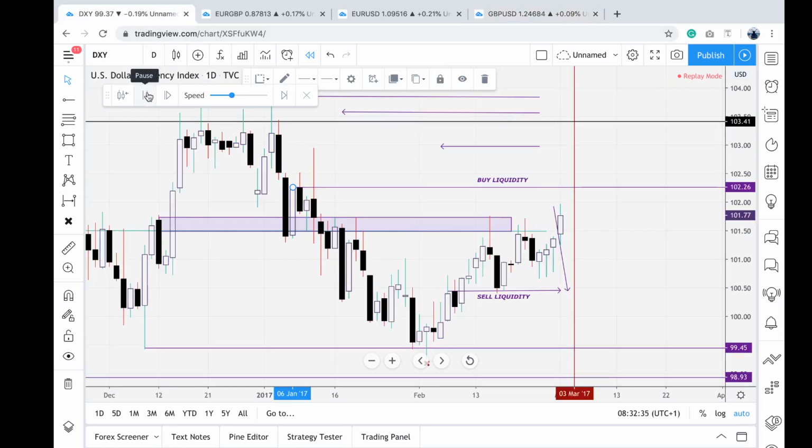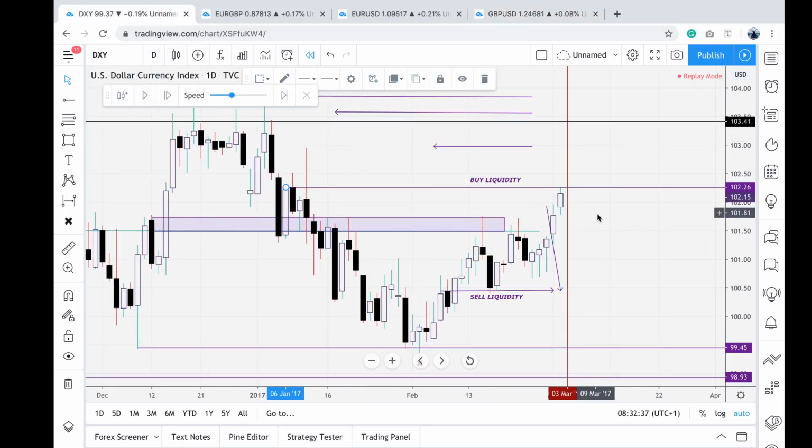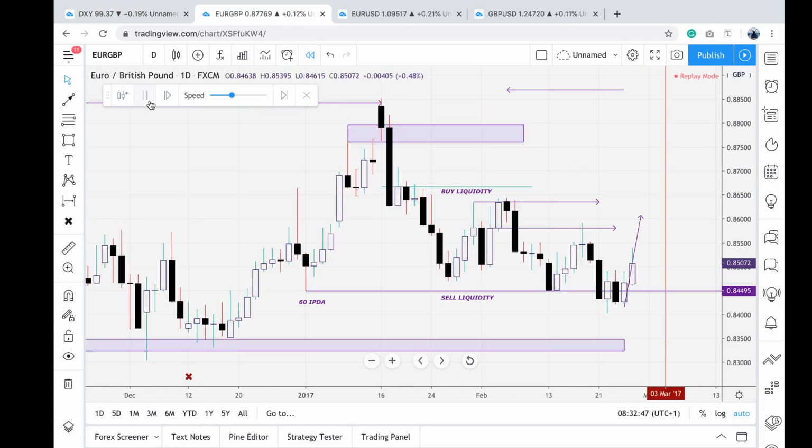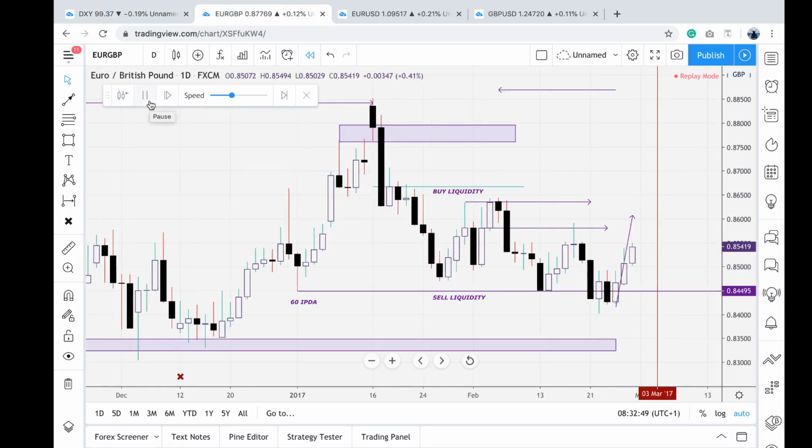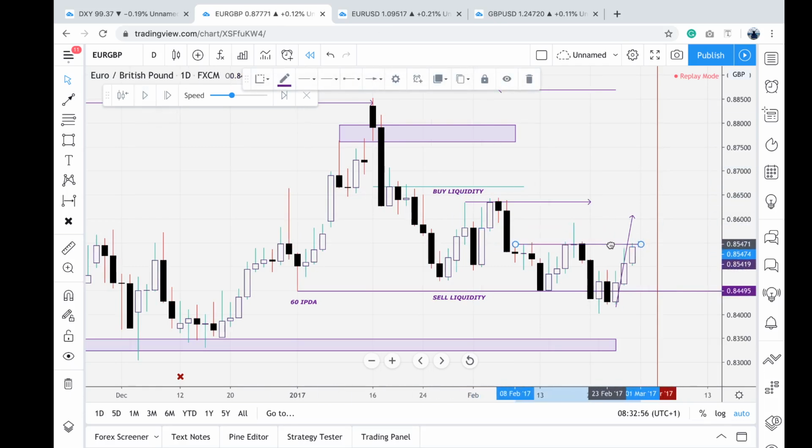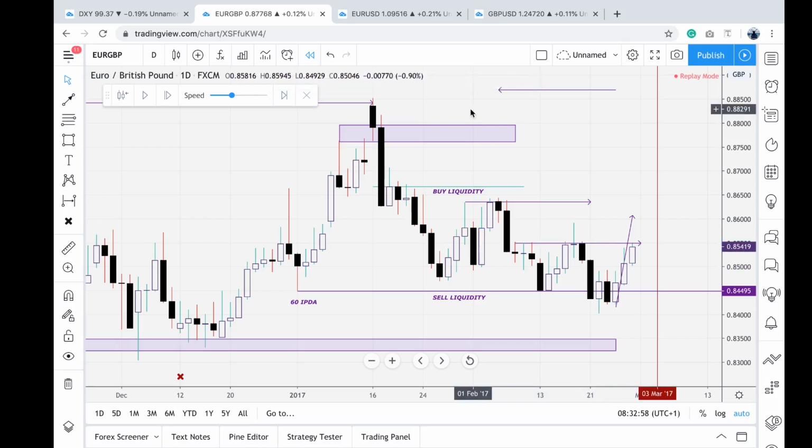All right, so DXY basically trades up into buy liquidity on the upside. No big deal. No real movement in price. Euro dollar, that's what euro dollar actually does. Trades higher too, and we've basically reached buy side liquidity in terms of rejection block in this basis.